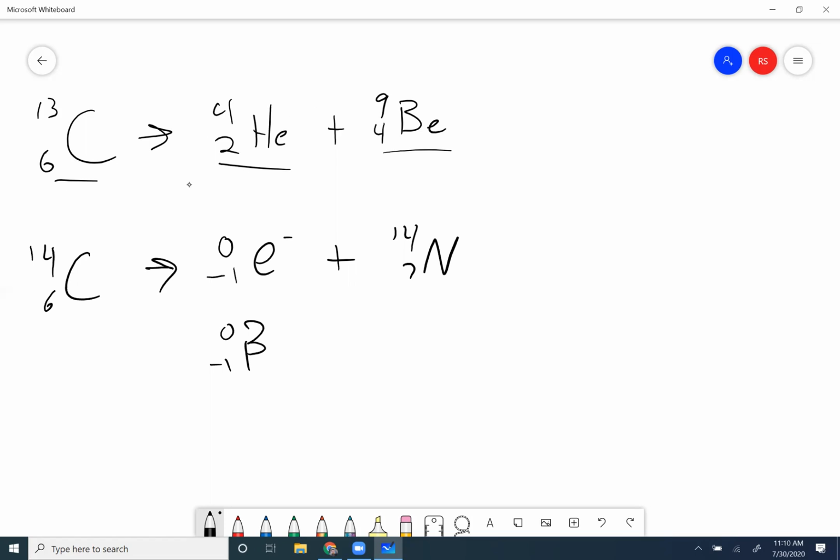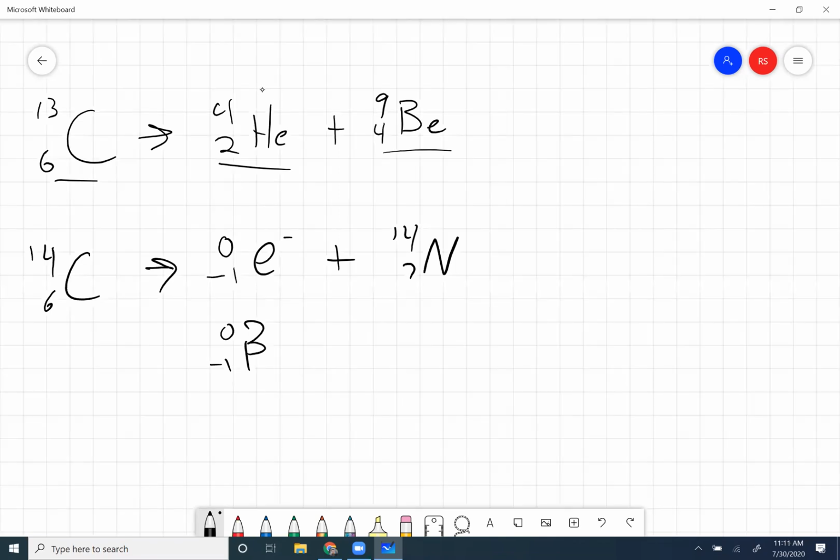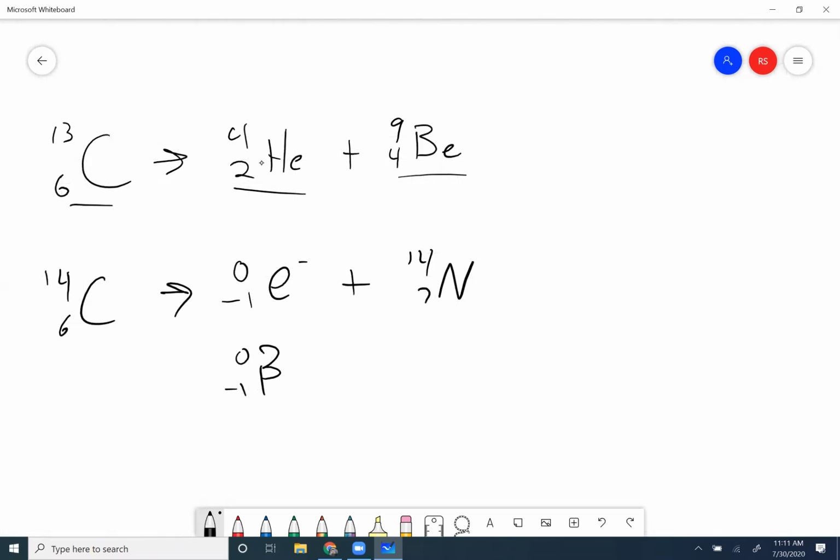Remember, what's happening in alpha is that our proton-neutron ratio is unstable. And so this one attempted to stabilize itself by making 2 smaller atoms, by spitting out helium, because helium-4 is one of the most stable nuclei out there. So that was one thing it tried to do. And of course, if the resulting daughter is also super stable, then this will definitely undergo alpha decay.